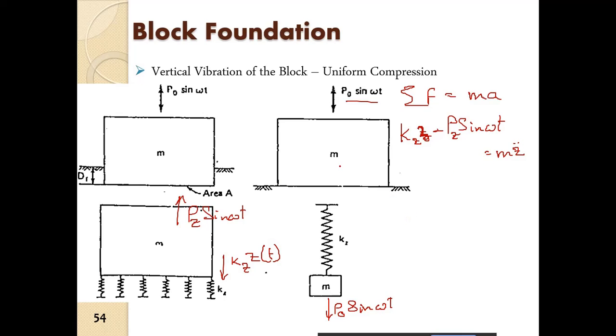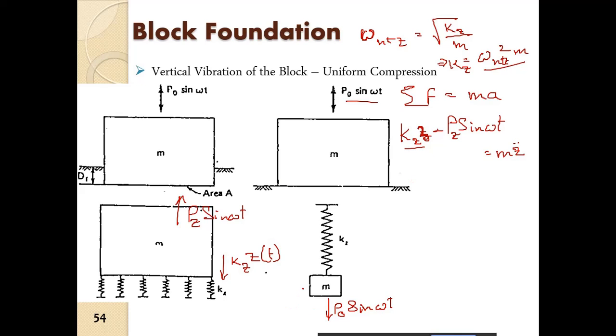Again we know omega n, in translation in the z direction, is equal to root over kz by m. Ultimately we can write kz is equal to omega n tz square into m.